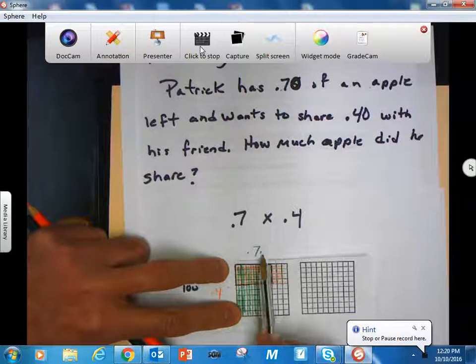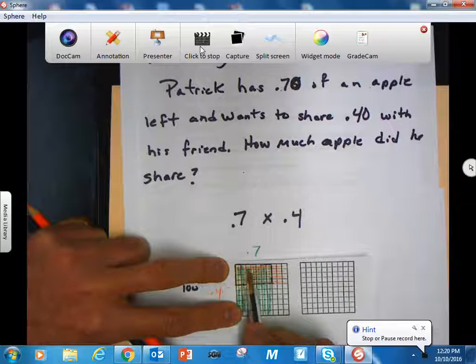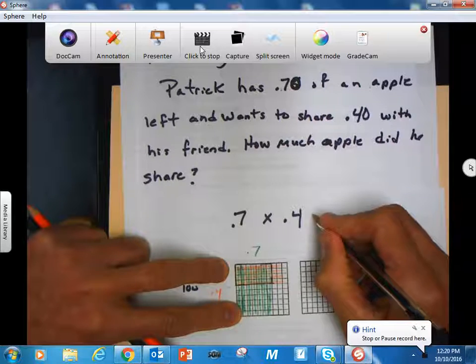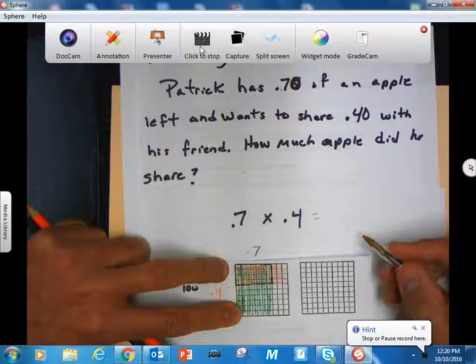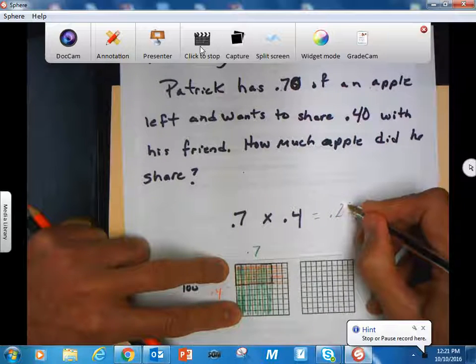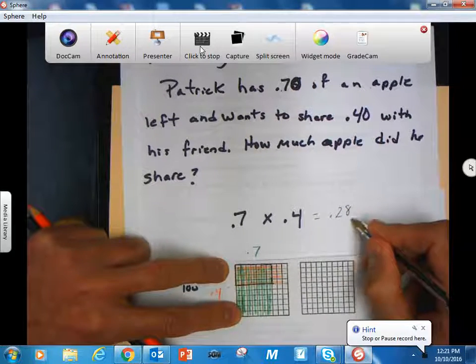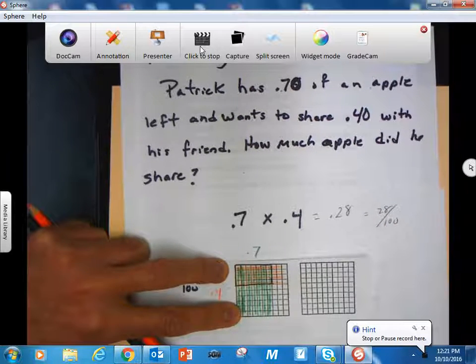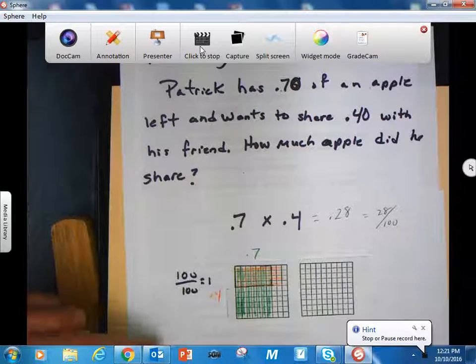So we know that's a 7 by 4, and we know that 7 times 4 is 28. So 7 tenths times 4 tenths is 28 hundredths, because it's 28 out of 100. 28 out of 100 is shaded in, overlapped.